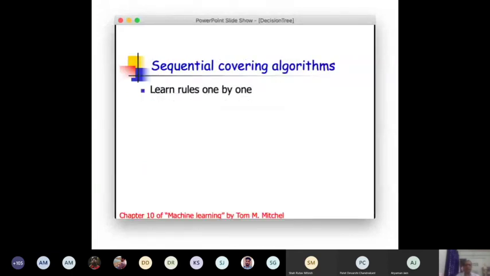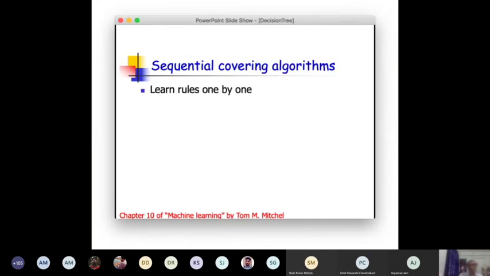One of the interesting algorithms that I will briefly describe here, you can get the details from this reference. This is also from Mitchell's book. In chapter 10, you can find in the very beginning itself, this particular algorithm has been described. Actually, there are various variations. It's a class of algorithms called sequential covering algorithms.